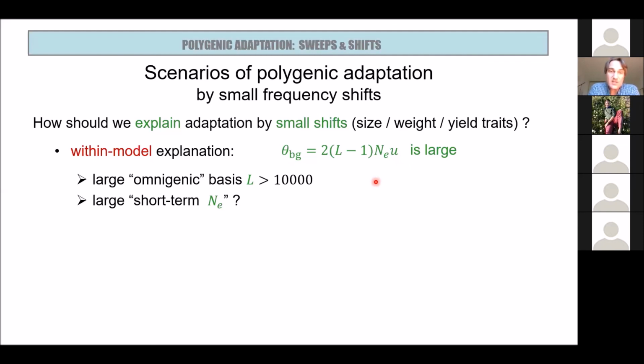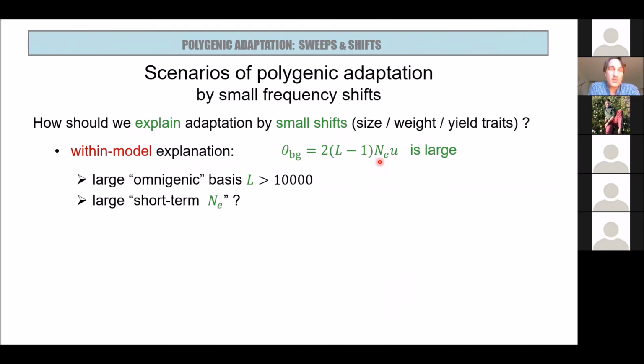An alternative is that this value NE is much larger during the time when we observe the adaptation than the NE that we typically estimate from within population diversity. And this can also be true, right?